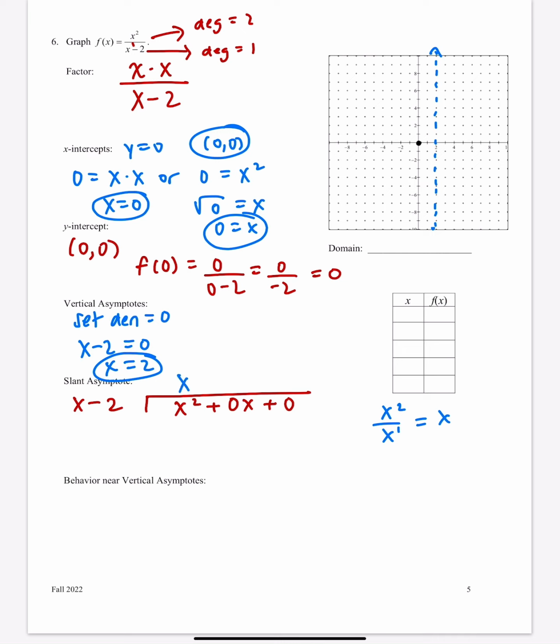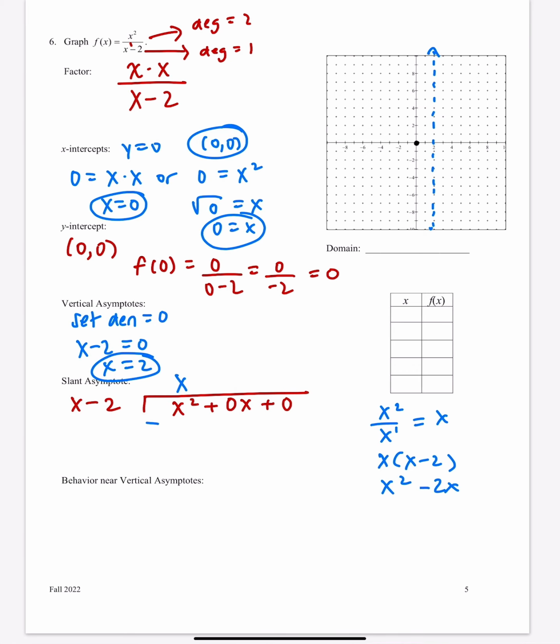So x goes on top, and we are subtracting the product of x times x minus 2. x times x is x squared. x times negative 2 is negative 2x. So I subtract that. So it'll be x squared minus 2x. This goes away. So 0x minus negative 2x is like saying positive 2x. And then I drop that down.